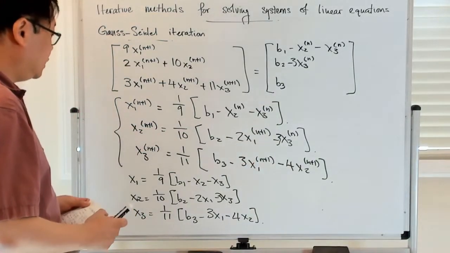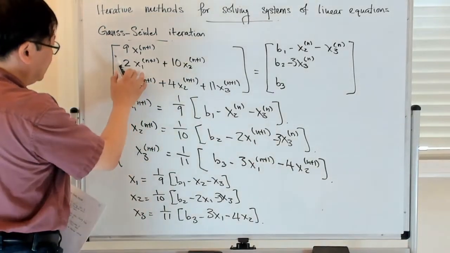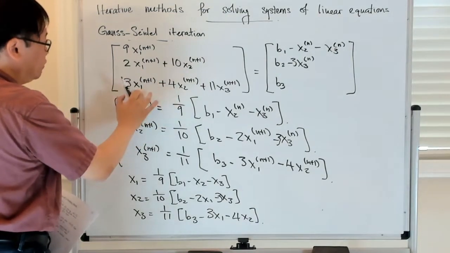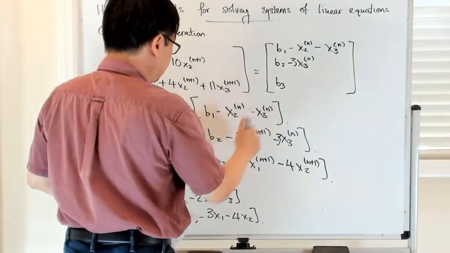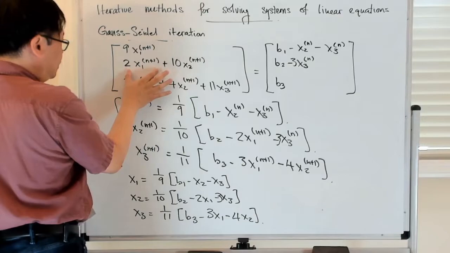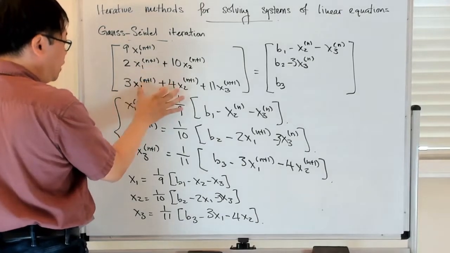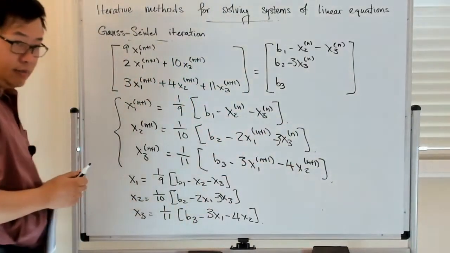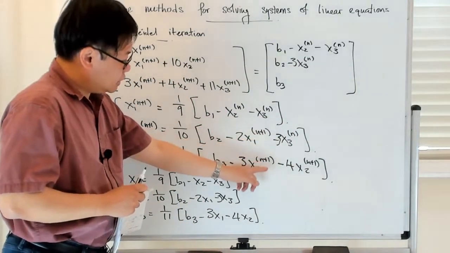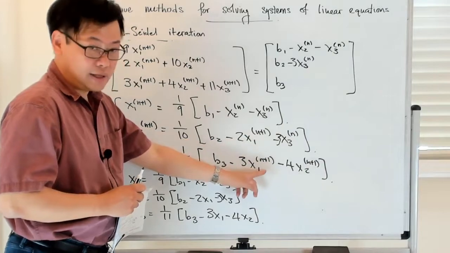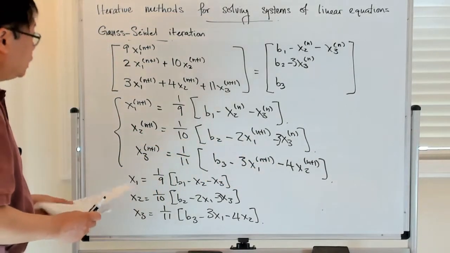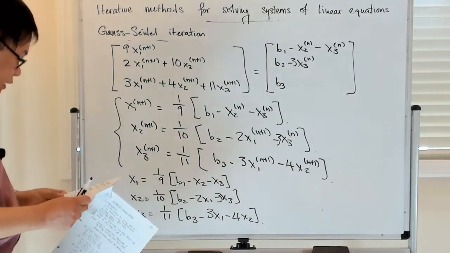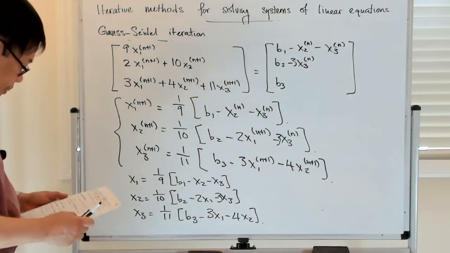Hopefully it's quite clear when I write it this way: you're using the new iterate when you can. When you move it to the right-hand side, you get essentially the same equation, but whenever there's a new value, you use that instead. Okay, so that's the Gauss-Seidel method.